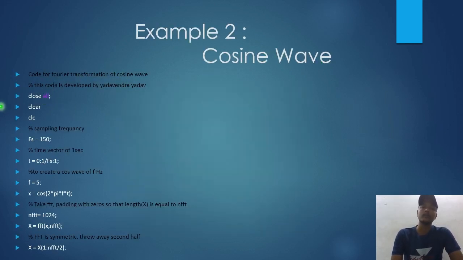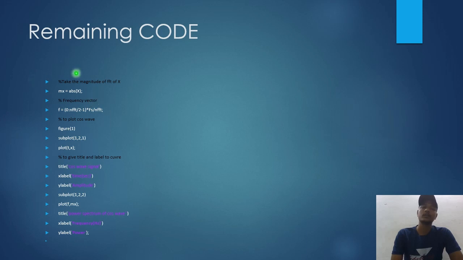Now the second example is for the cosine wave. This code is also developed by myself. First we set the sampling frequency, time vector, and cos wave. We create a cos wave by using the function cos, and we take nfft, the x, and since the FFT is symmetric, we throw away the second half. Then we take the magnitude of the FFT of x, mx, absolute of x.